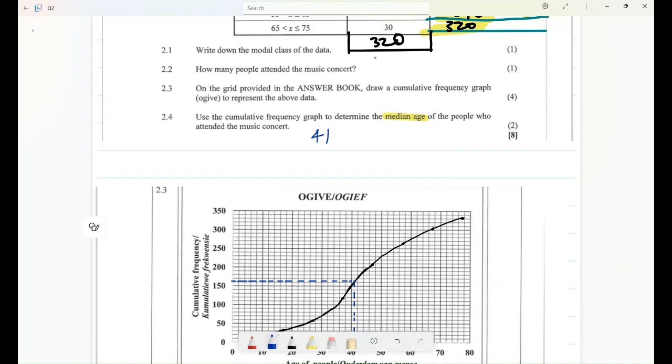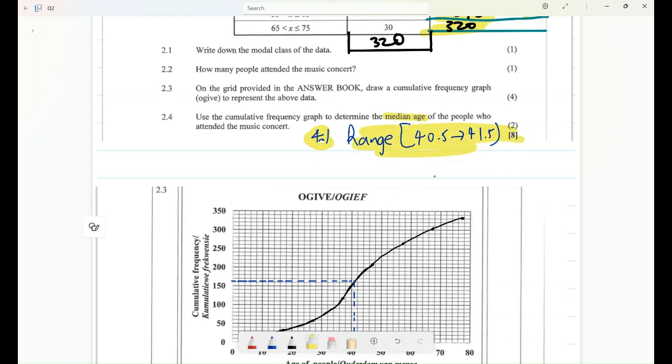Probably, I'm not sure if there was a range in the memo, but I think the range will be 40.5 to 41.5 maybe. Yeah, I think if the final answer is 41, it means the range should be 0.5 less or 0.5 more.